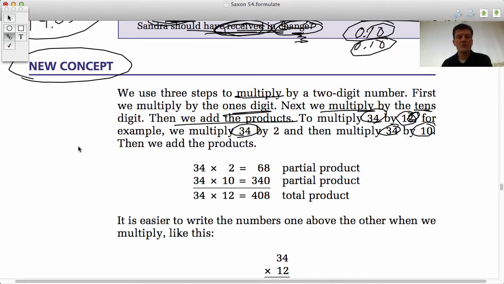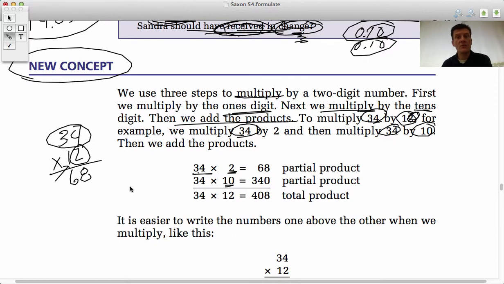So 34 times 12. So we're going to take 34 times 2. So 34 times 2 is 68. And then we're going to take 10, because really that 1 right there is not just representing 1, it's in the tens place, so 10 is what that's talking about. That 1 is representing 10.